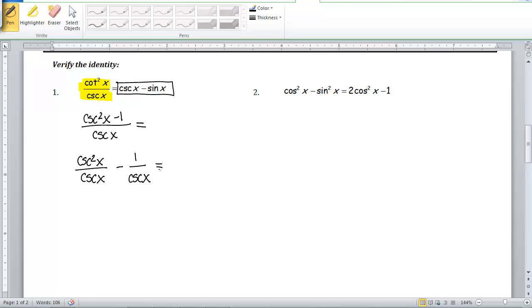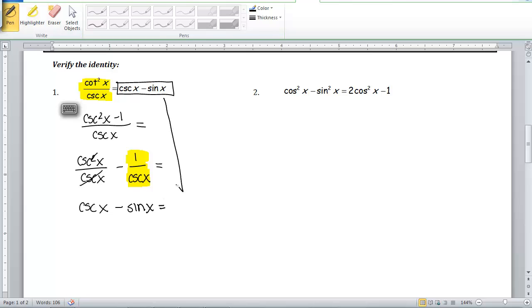Next, if I simplify some things, I see that 1 cosecant cancels with 1 from the numerator, leaving me just cosecant to the first power x. Then, by the reciprocal identity, 1 over cosecant is the same thing as sine.